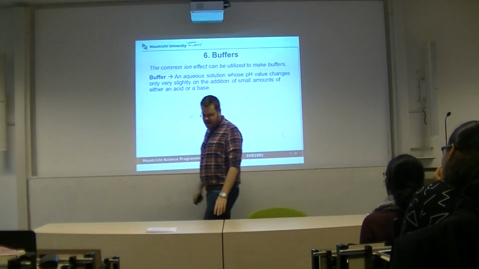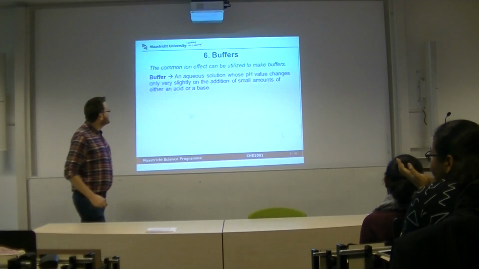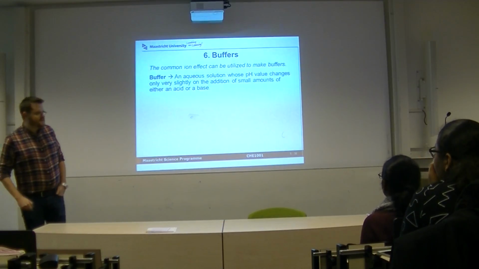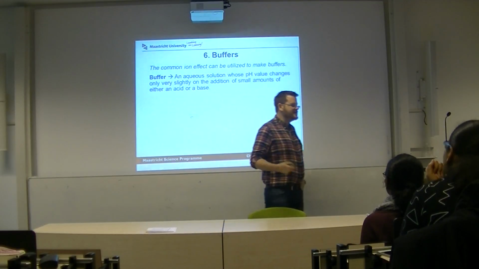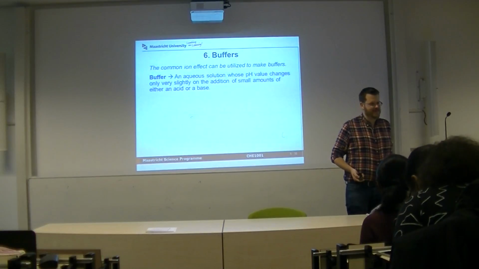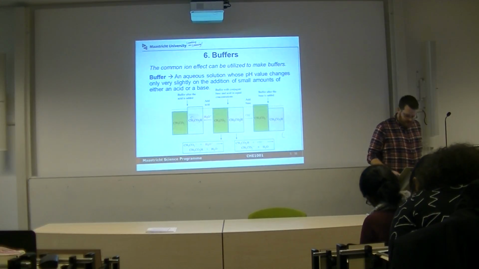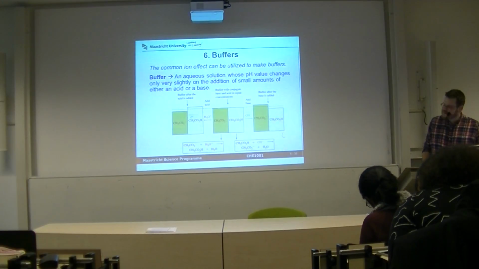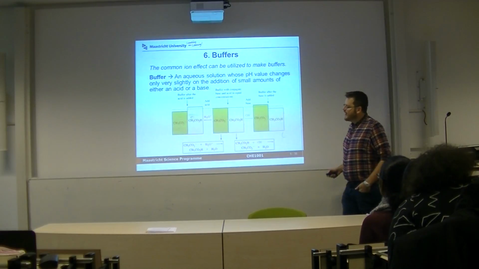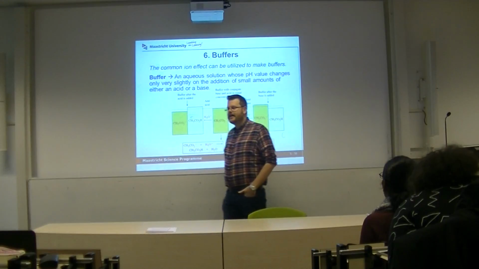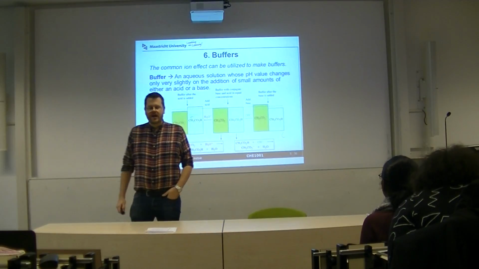Okay. So, what is a buffer? Someone tell me, what is a buffer? It's a substance that resists pH change. Okay. How does a buffer work? We have buffers in nature. Blood is a buffer, for example.